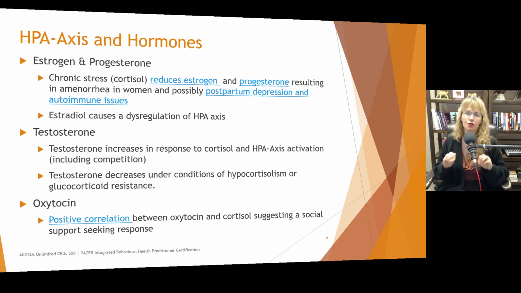Estradiol is one of those estrogens that is often used in birth control. So women who have difficulty with birth control are often, not always, it can be to progesterone or something else, but often having an excessive reaction to the addition of the estradiol.